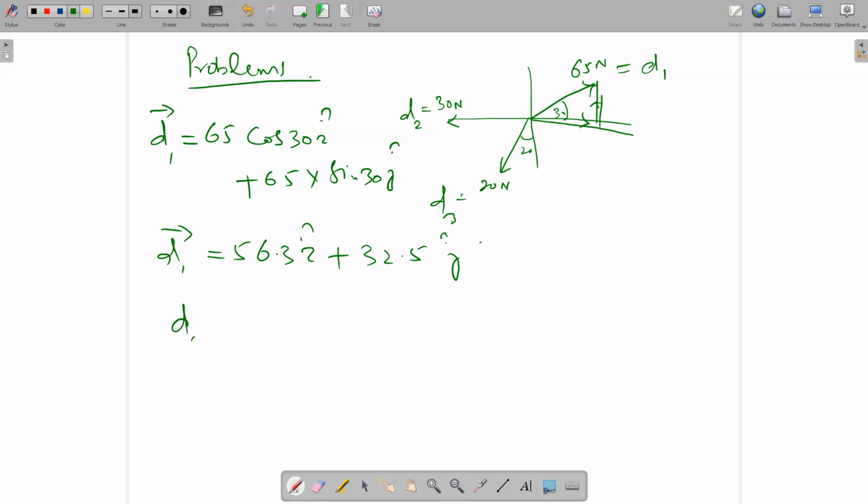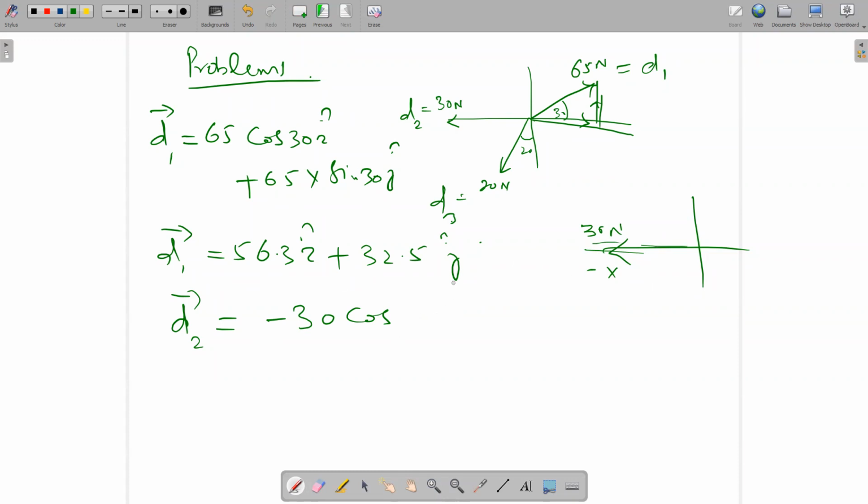Now D2. You can see D2 is in this way, 30 Newton. It means it is only along the x-axis, but the negative x-axis. So we will write minus 30, because it is negative, minus 30 cos of, what is the angle? 180.